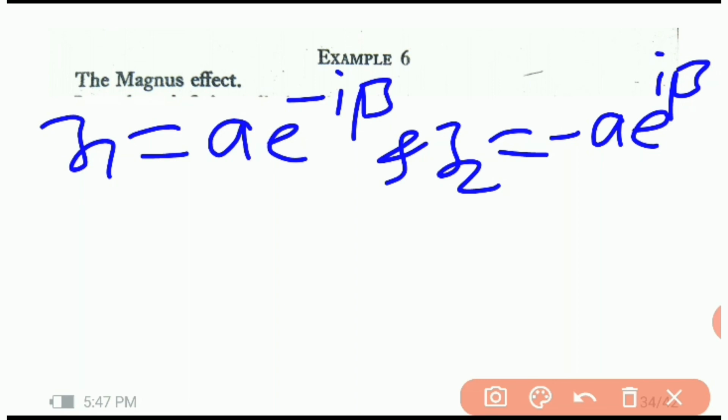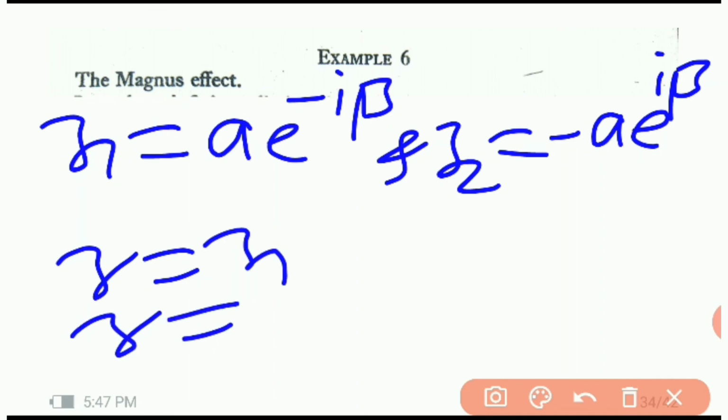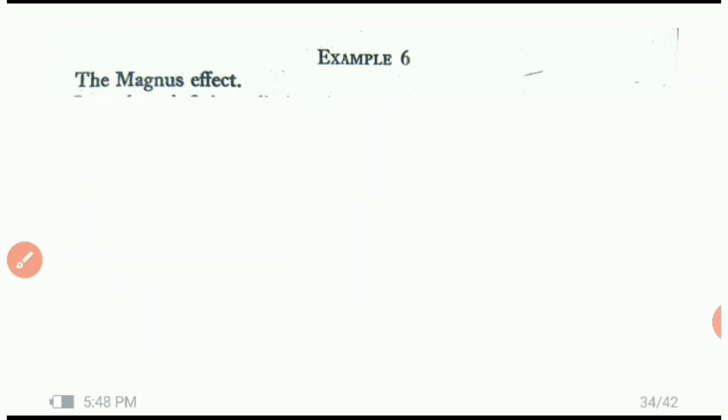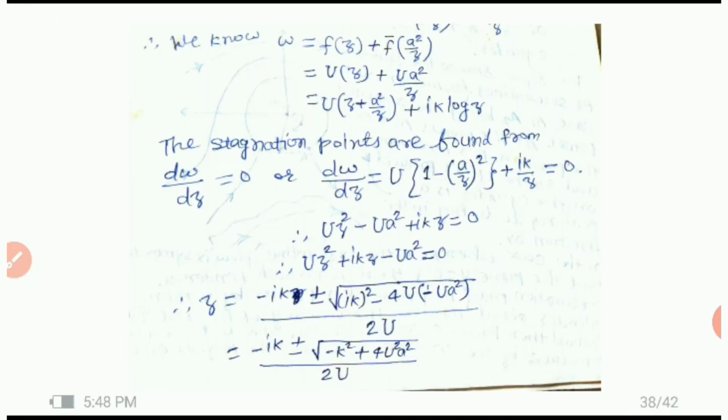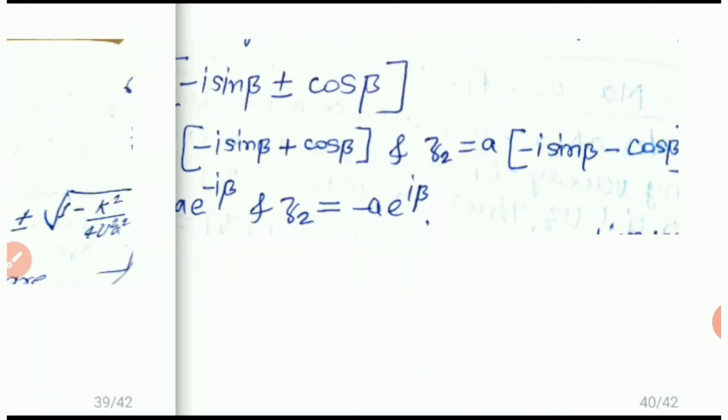And therefore there are two distinct stagnation points at z is equal to z1 and z is equal to z2 on the surface of the cylinder.